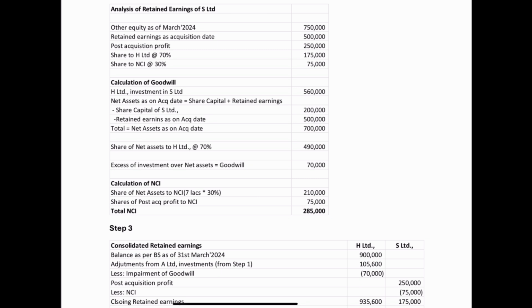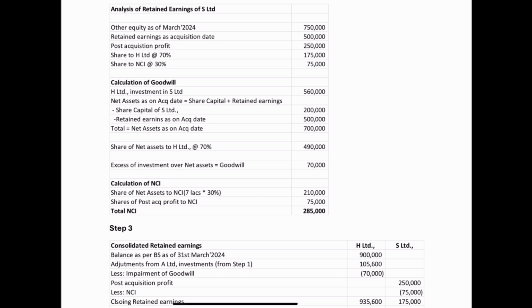So in total it is 7 lakhs. So the share capital as on the date of acquisition and the retained earnings as on the date of acquisition put together is 7 lakh rupees. So we can take this as the net assets value as on the date of acquisition. Okay, the company's entire S Limited net assets value is 7 lakh rupees. So of 7 lakh rupees, H Limited share is at 70%, so comes to 4,90,000 rupees.